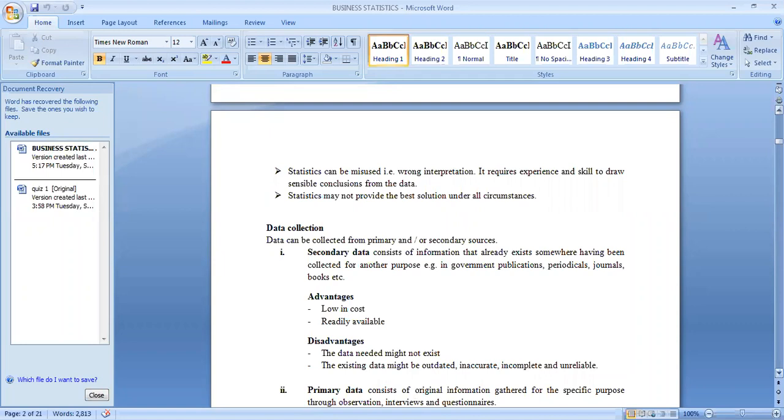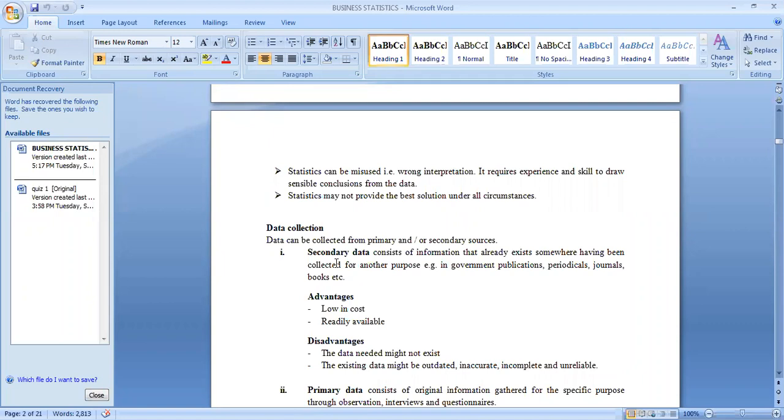But the key thing is you are the first person to collect that data, and that's why it is called primary data. Secondary data is information that was collected by somebody else and recorded in books, magazines, journals, periodicals, and so on. Your work is to go and get that book, review it, and use that data which was collected by somebody else.